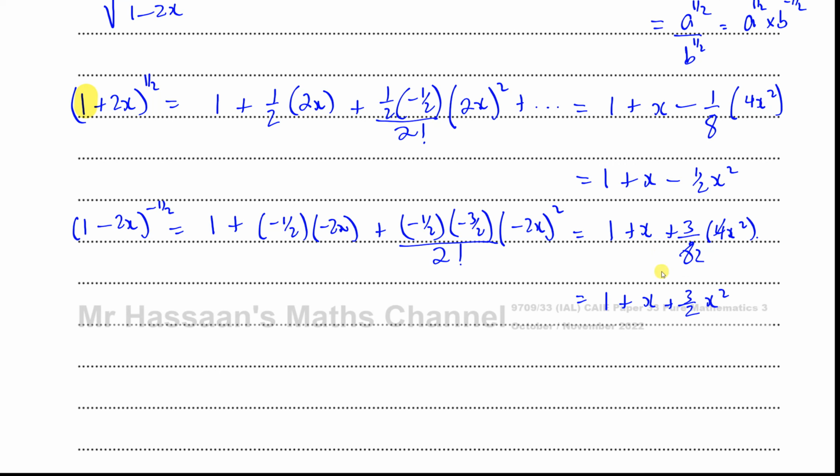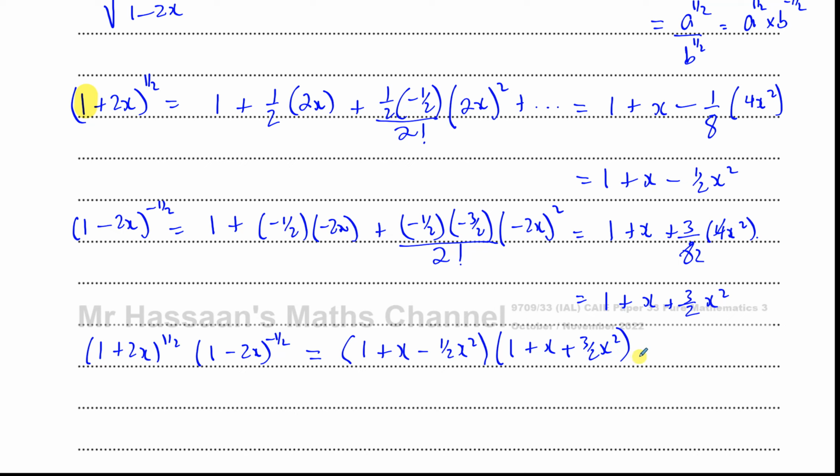So now, when we do (1 plus 2x) to the power of a half times (1 minus 2x) to the power of negative a half, we basically have this times this, which is (1 plus x minus a half x squared) times (1 plus x plus 3 over 2 x squared).